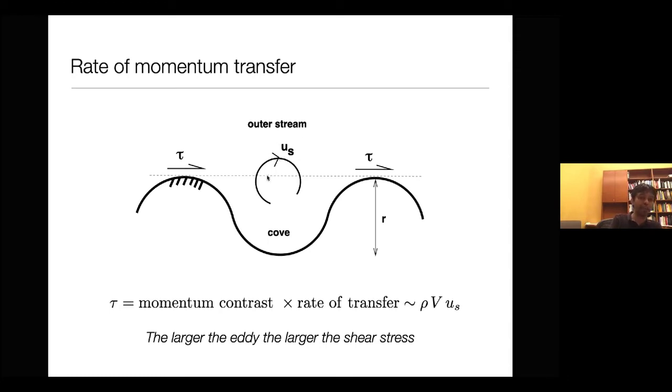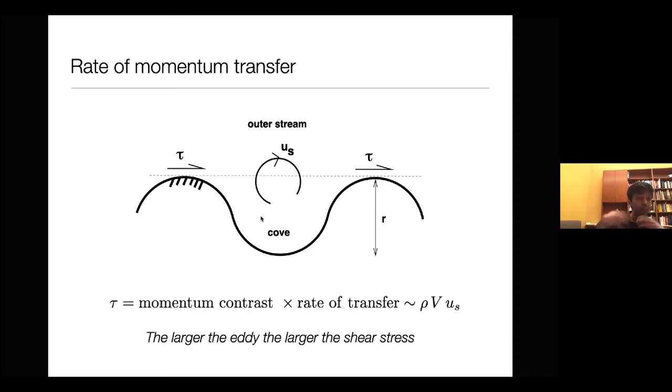So if I have an eddy of size s, some arbitrary size, then if I denote its velocity by u_s, then the shear stress that is affected by this eddy is going to be equal to rho V multiplied by u_s. Remember, when we're talking about Kolmogorov, larger the size of the eddy, larger is the velocity. And we have eddies here all the way from Kolmogorov scale to much, much larger eddies.